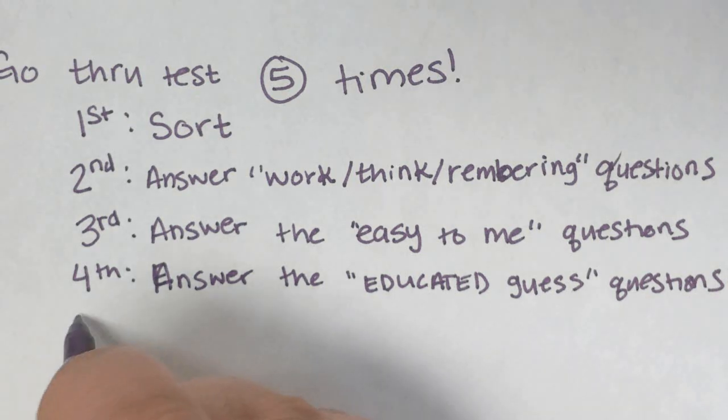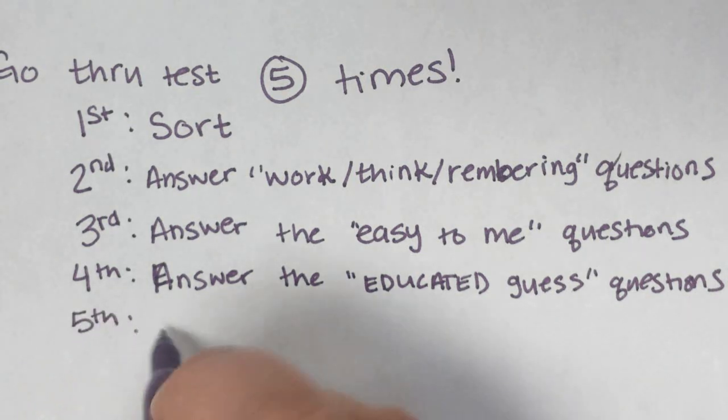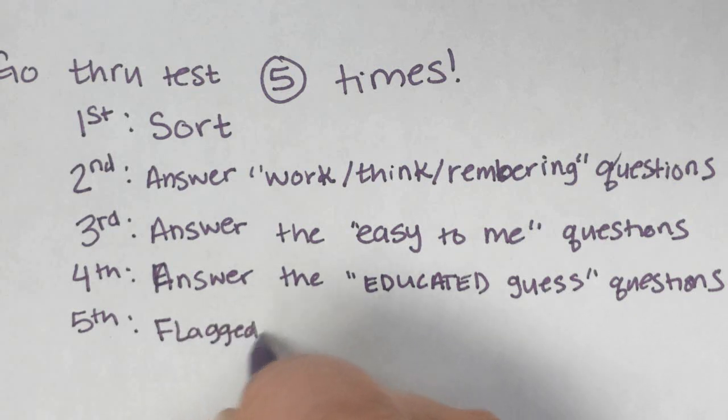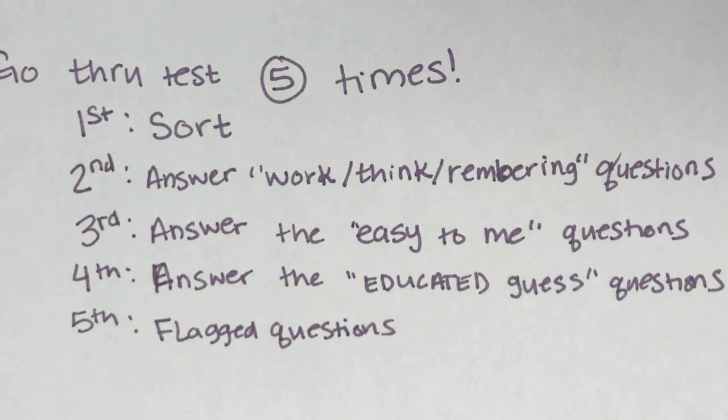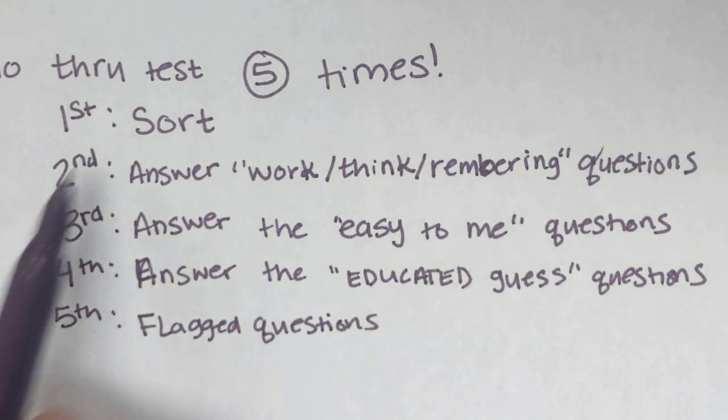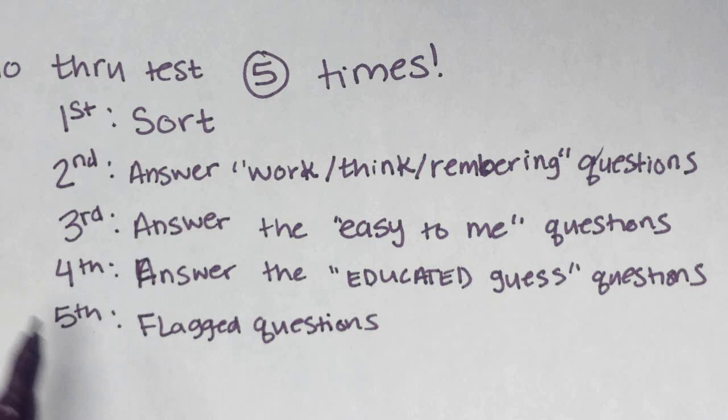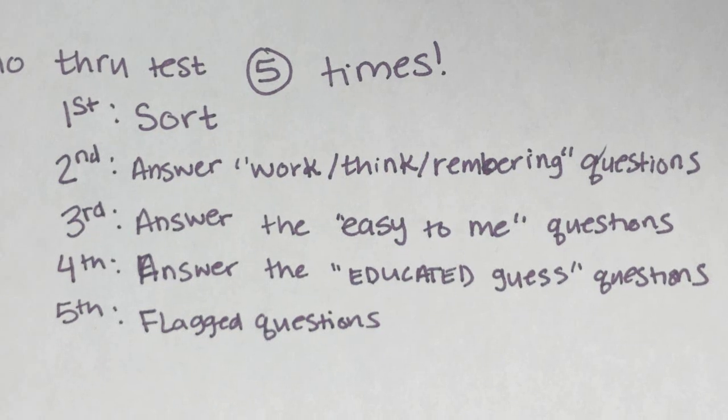Okay, and then the fifth time they go through the test, they're going to review any flagged questions. That sounds like a lot, but you're only answering each question once, and then you're going back and looking at some questions, not all. And those questions aren't going to be too much of a terror for students, and we'll talk about why as we go through here.